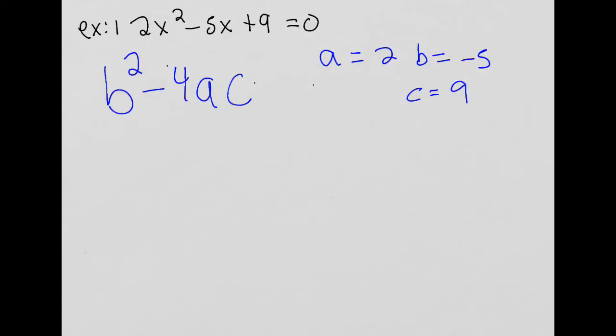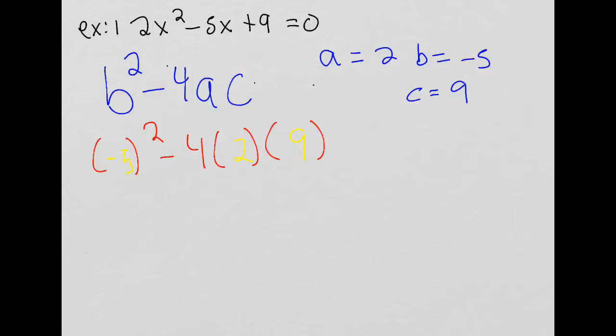Let's substitute those values. I always like to put parentheses so I know what I'm substituting in. So b is -5, a is 2, c is 9. Now I'm going to simplify that expression.